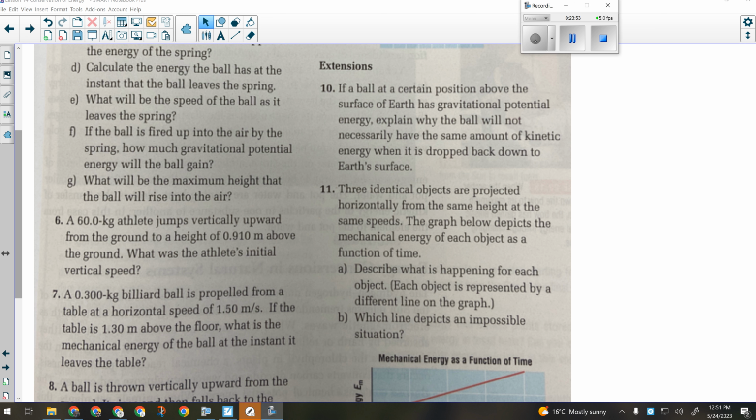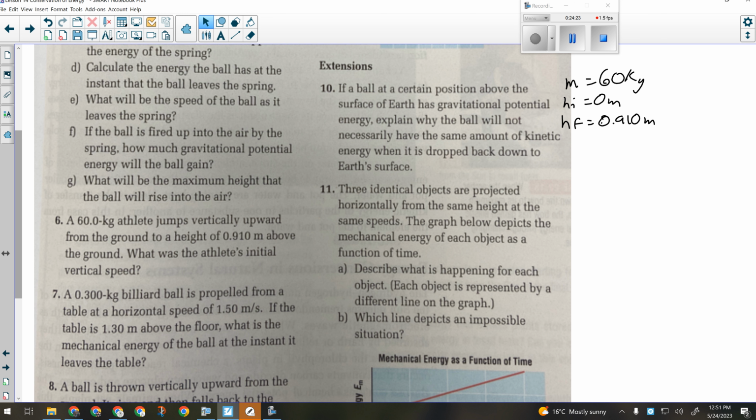All right, so we have a 60-kilogram athlete. Our givens are that we know the mass, 60 kilograms, although it's probably not going to matter. And they are jumping from the ground. What's your height on the ground? 0. So their initial height is 0 meters, to a final height of 0.910 meters.